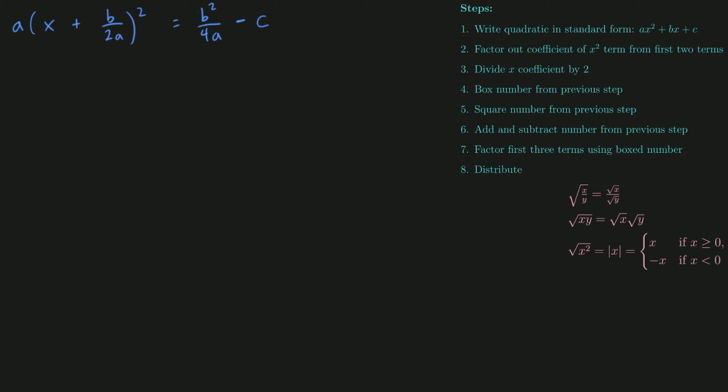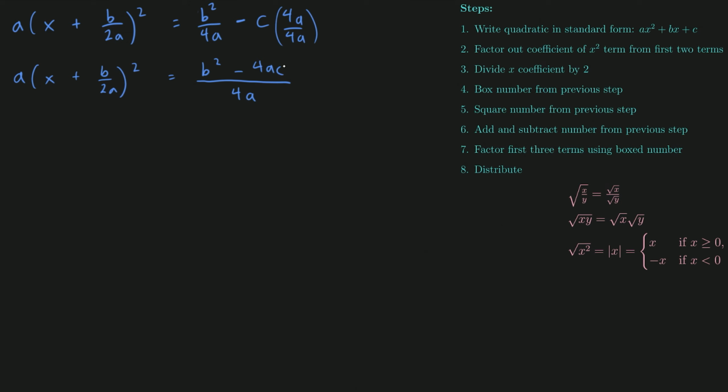Now let's combine the two terms on the right side of the equation into a single fraction. We'll need a common denominator to do so, so we will multiply the negative c by 4a over 4a. And now our equation looks like a (x plus b over 2a) squared equals b squared minus 4ac all over 4a.